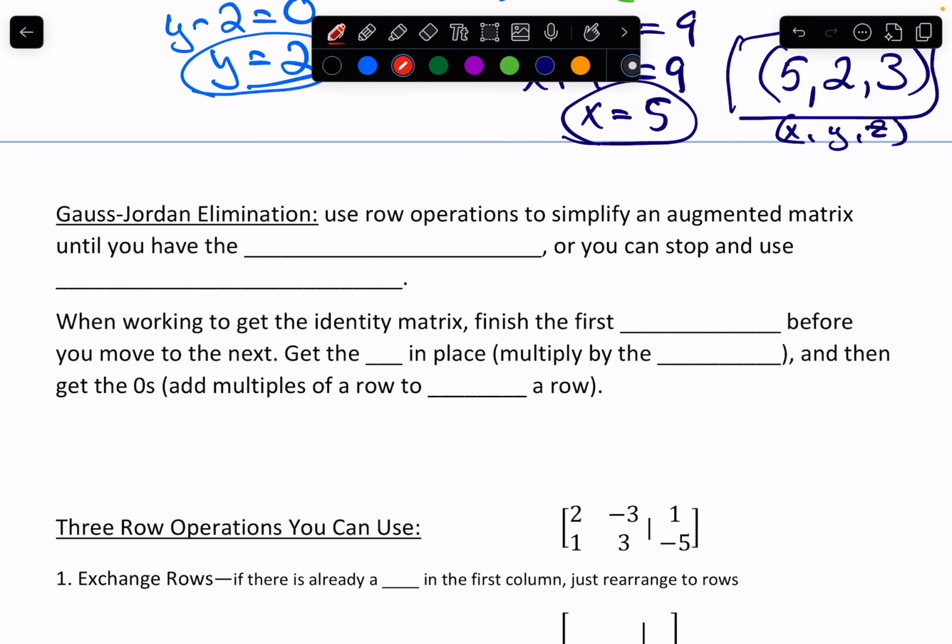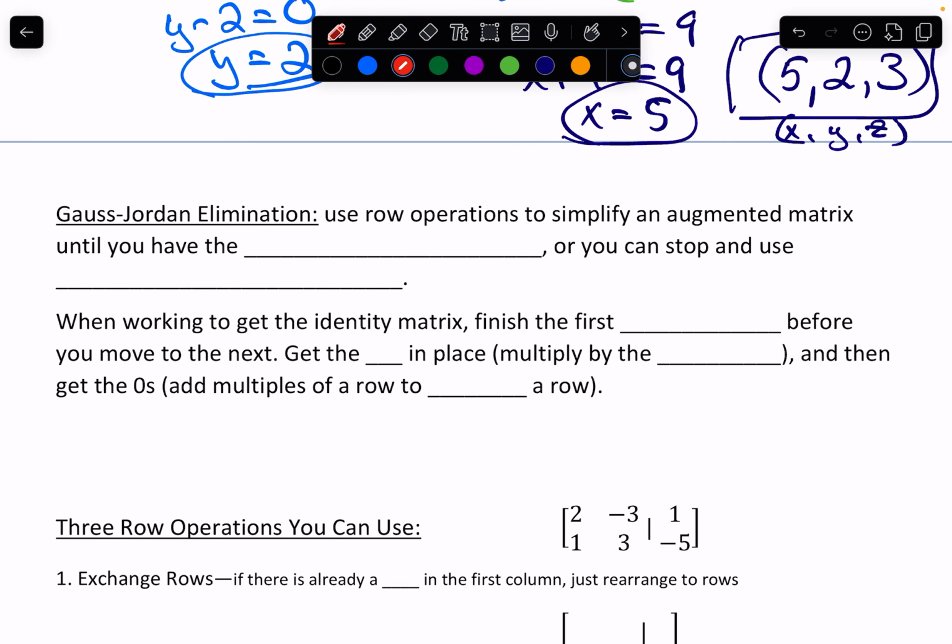Okay, so let's look at 3 row operations you can use. Our first one is that we can exchange rows. So if there is already a 1 in the first column, just rearrange the 2 rows. So we have row 1 and we have row 2. We're going to exchange row 1 with row 2.